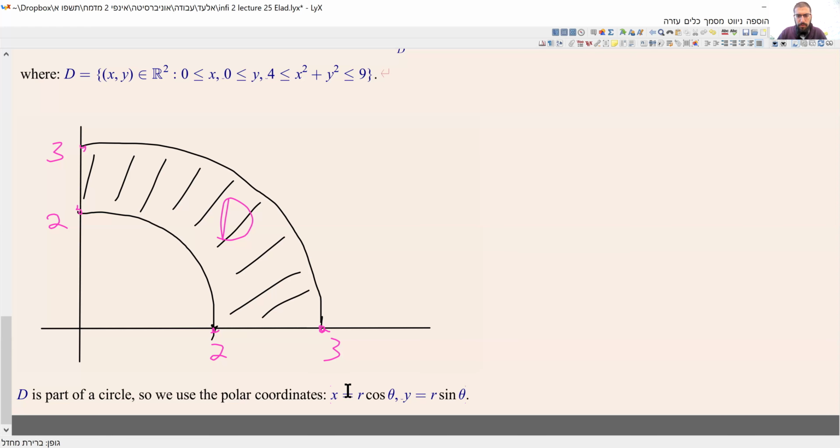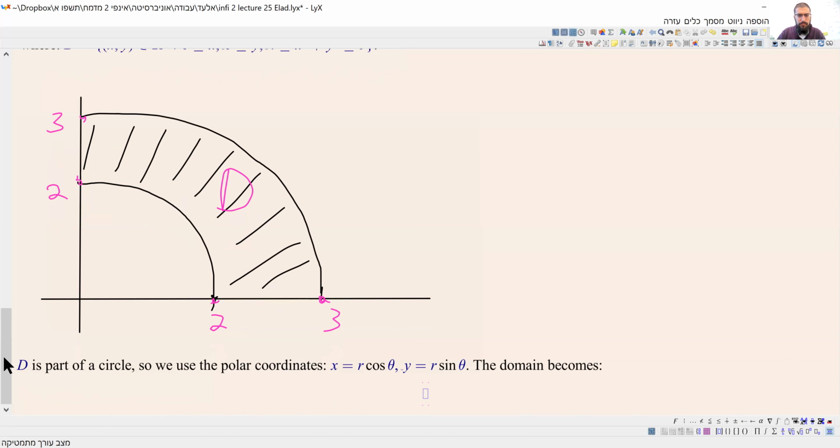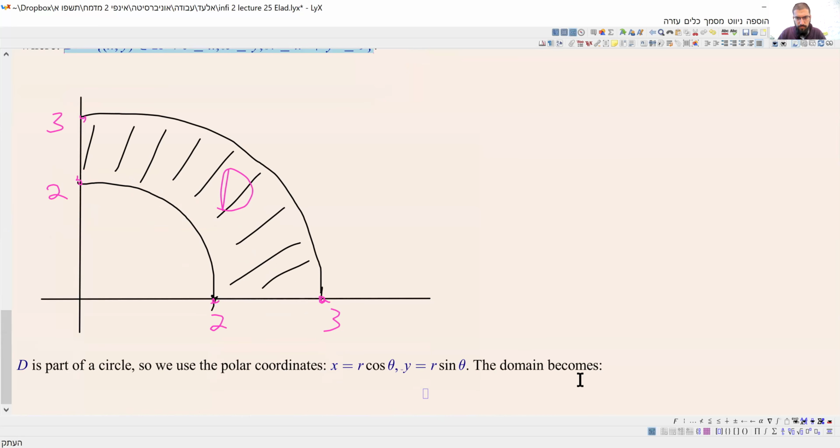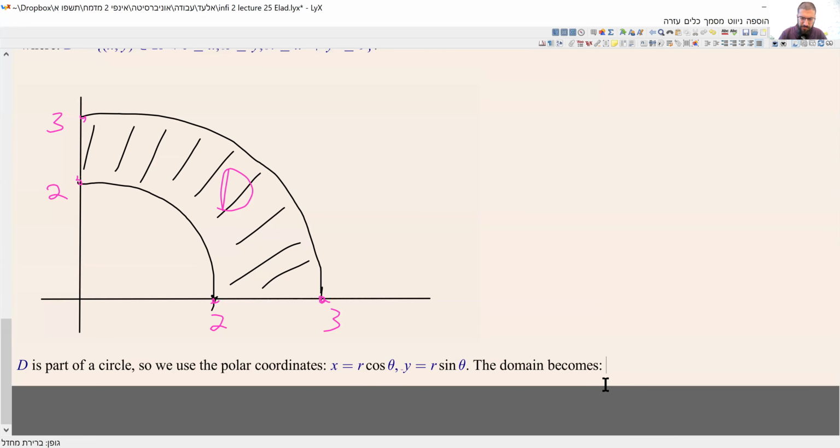How can we write D with r and theta? The domain becomes, first of all, let's write it down.